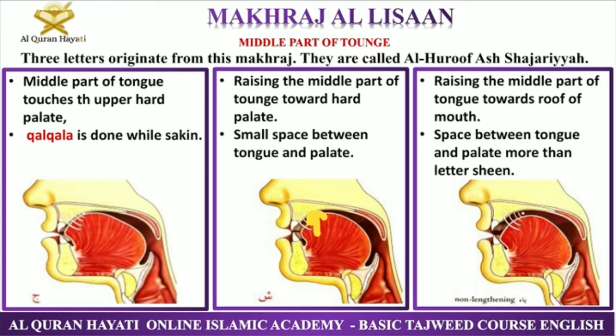That is why you make sure that you leave a little space. If you leave more space, what happens? It will sound like sha, sha. The shushing sound is very little if you leave more space between your hard palate and the middle part of your tongue. It should sound very sharp like sheen, sha, she, shu.